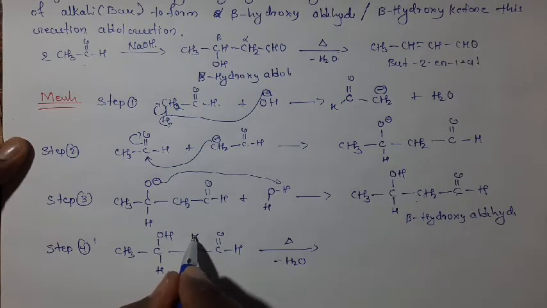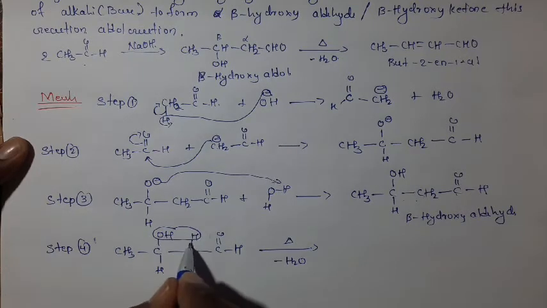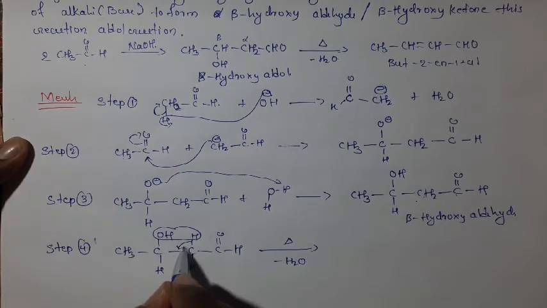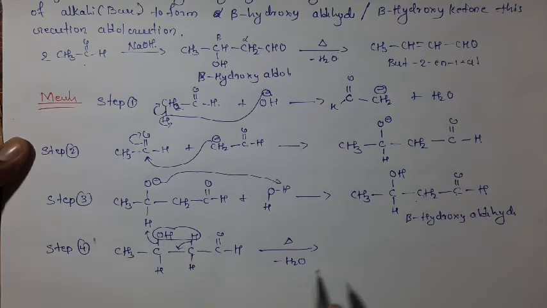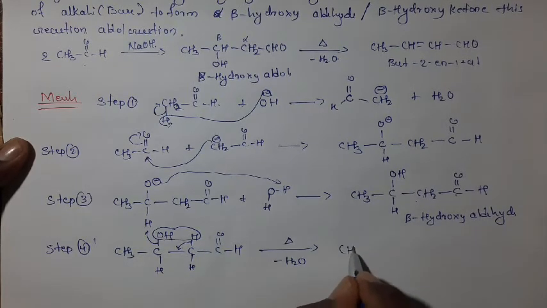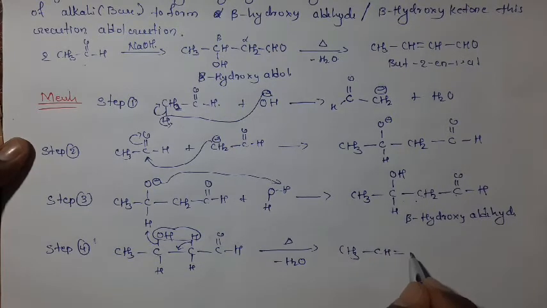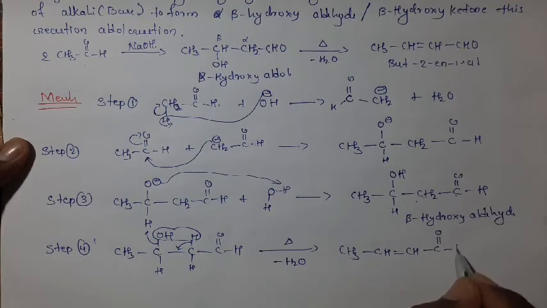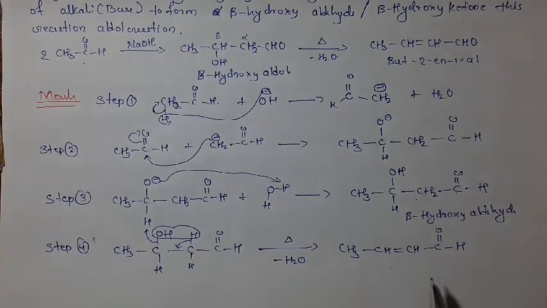This proton goes along with this OH as a water molecule. At that time, these bonds are shifted to here, and this goes out. The carbon-carbon single bond becomes a double bond to give CH3 CH double bond CH C double bond O H. This is our alpha beta unsaturated product.